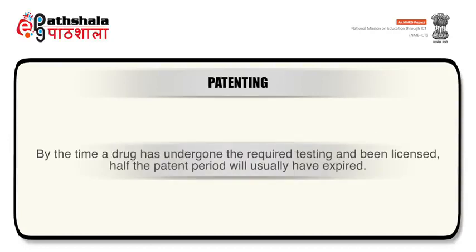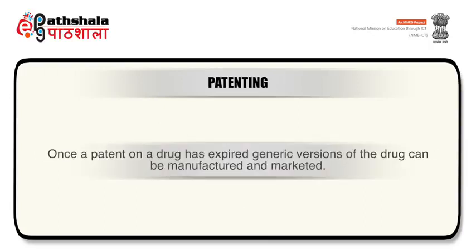By the time a drug has undergone required testing and been licensed, half the patent period will usually have expired. Once a patent on a drug has expired, generic versions of the drug can be manufactured and marketed.